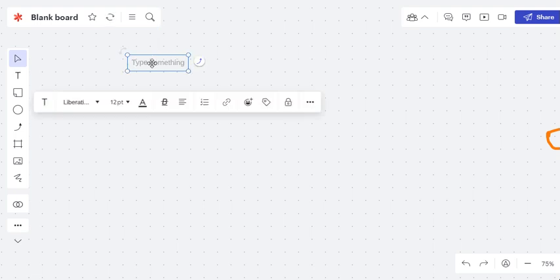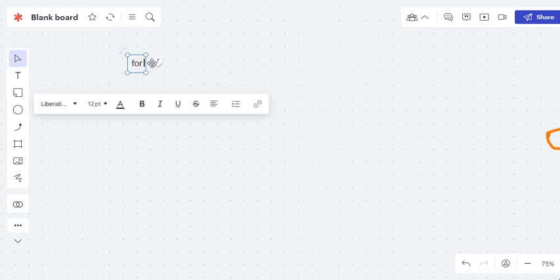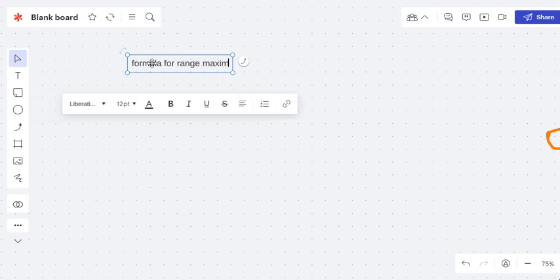Formula for range maximum is R is equal to u square divided by g.